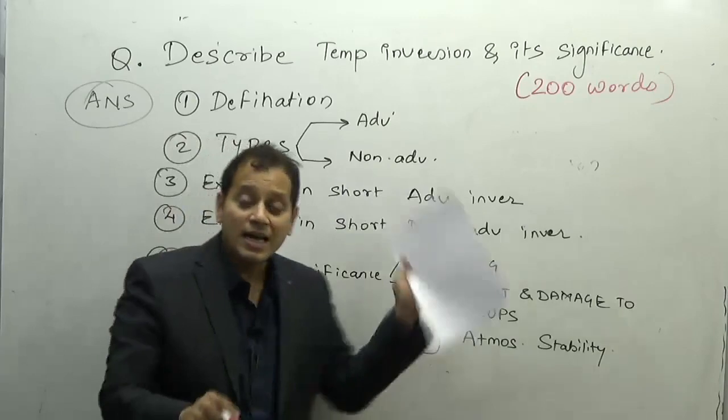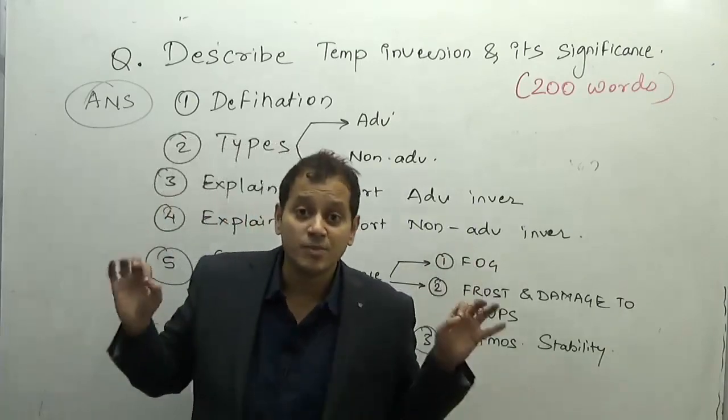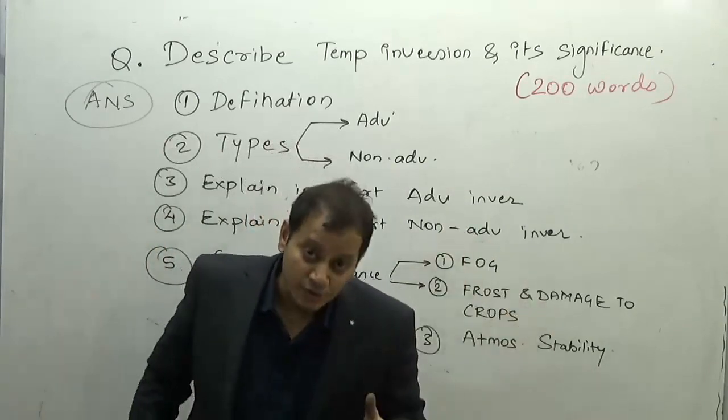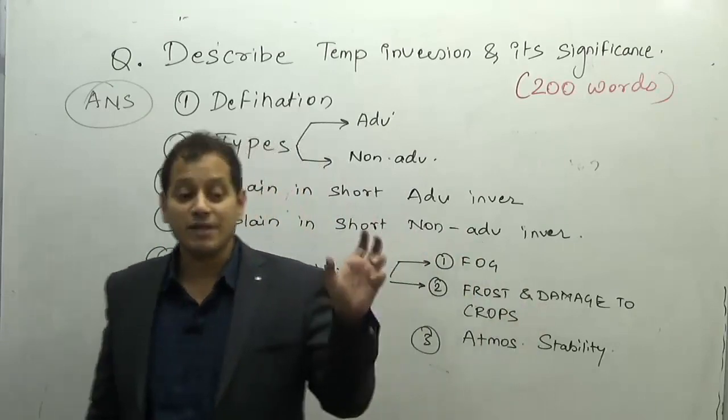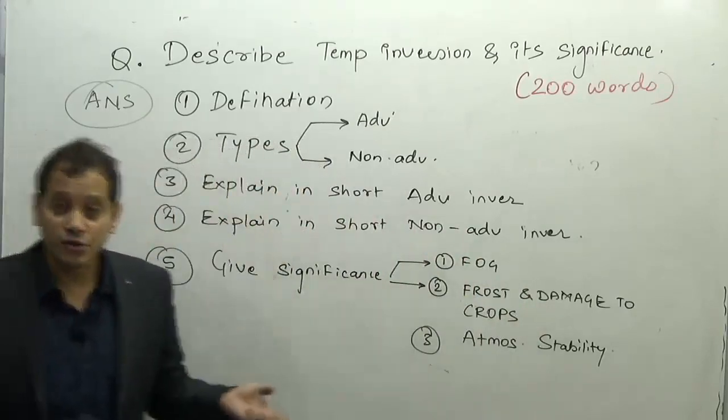And this is the space you generally get in your examination. Within this space, you have to adjust your answer within the 200 words. If you cross 200 words, then it is not a very good answer. So for that, you should know what you should include and what you should exclude.